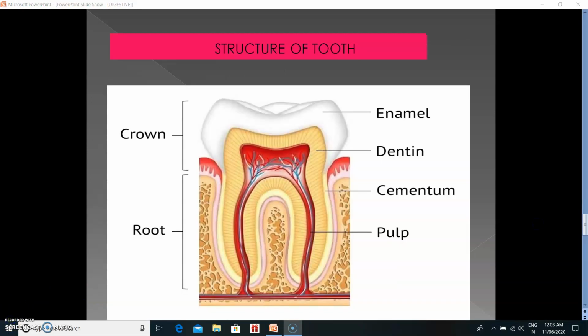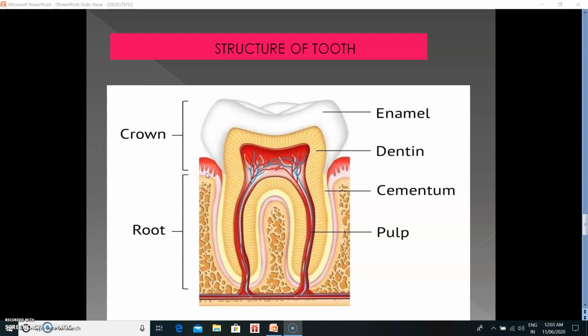The next topic is the structure of a tooth. You know very well that you have four types of teeth: incisors, canines, premolars, and molars. We'll take one tooth and talk about its structure. Each tooth consists of two distinct parts, the crown and the root, separated by the neck region.